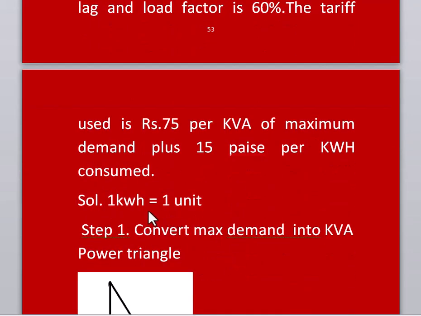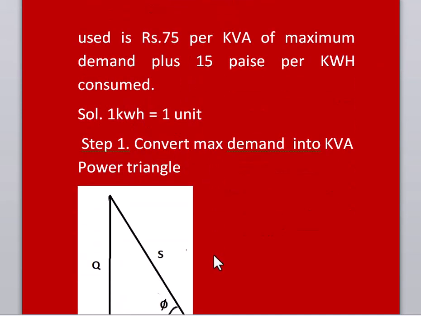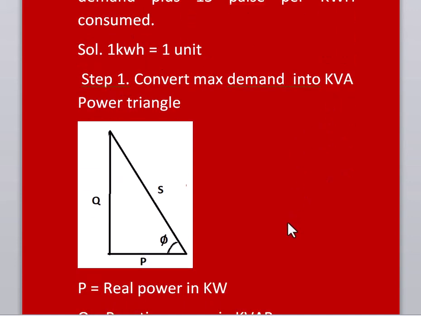So here first of all we should know what is 1 kilowatt hour, that is nothing but 1 unit of energy. Next, step 1 is we should know what is the power triangle. What is the necessity of this? To convert maximum demand which is in kilowatts into KVA.